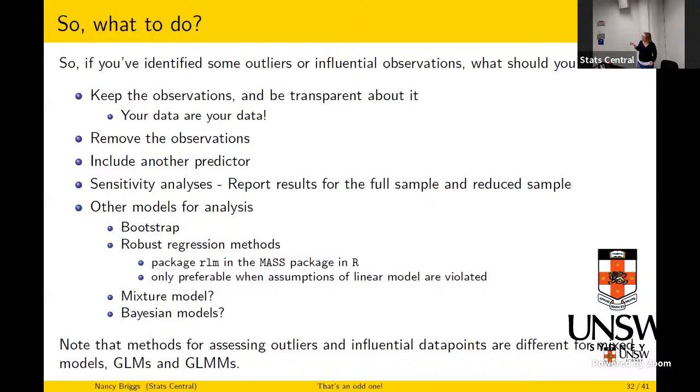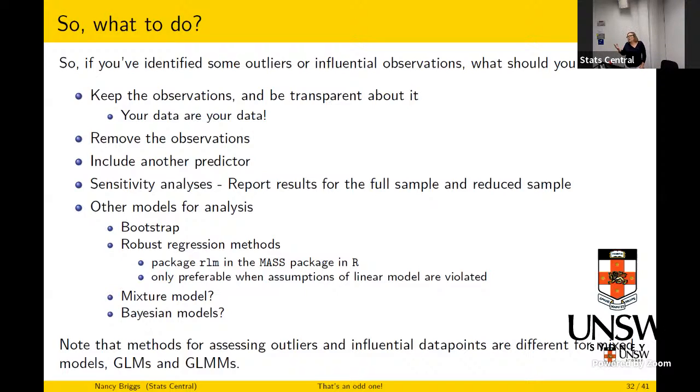You could also use robust regression methods. I mentioned when I had a couple of slides about estimating these linear models that we typically use ordinary least squares to estimate, but we don't have to. There are other ways to estimate those values that reduce the influence of those extreme observations on our parameter estimates.